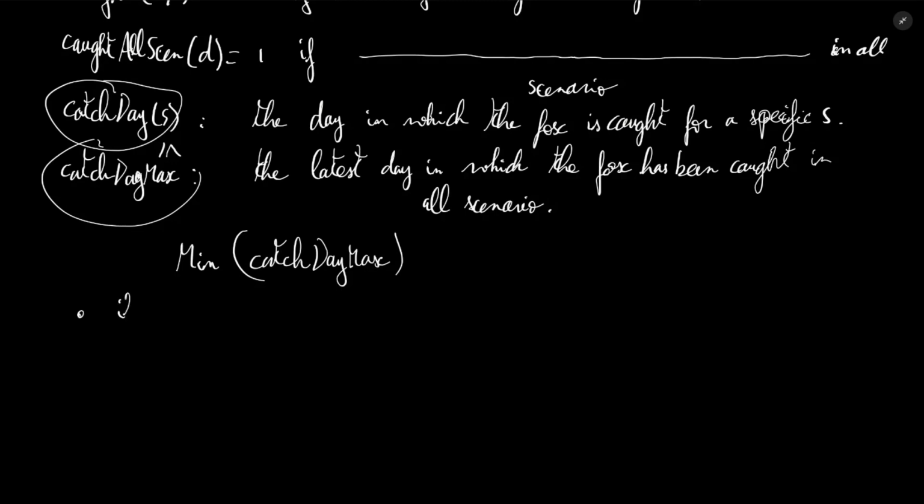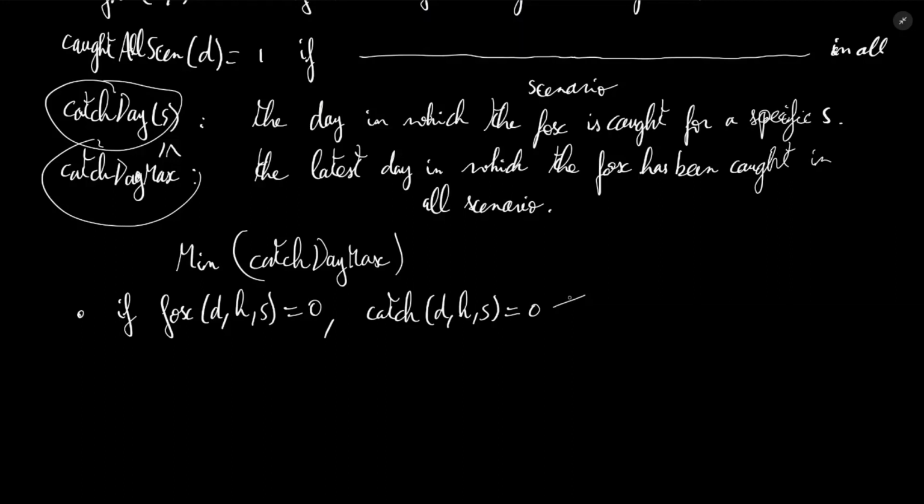So the first rule that we are going to put in this optimization problem is that if fox D, H, S is equal to 0, then catch D, H, S is equal to 0. And so in an optimization problem, what we are going to do is make sure that this variable will be fixed equal to 0.